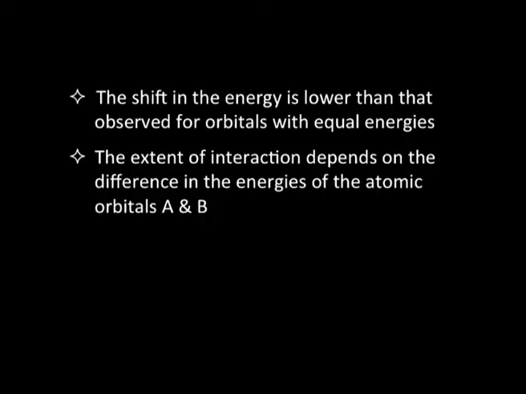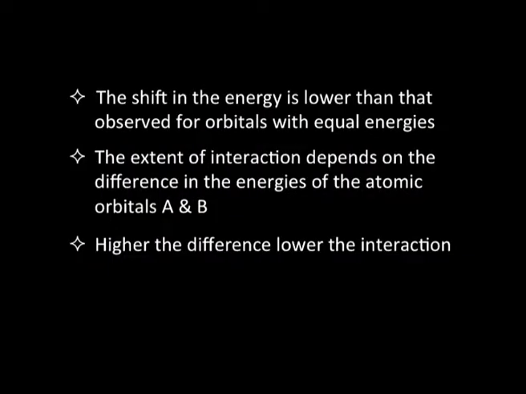Now, the extent of interaction depends on the difference in the energies of the atomic orbitals A and B. Suppose these two are of the same energy as in homonuclear diatomic molecules, the interaction is very effective. That is why the energy level goes quite low. But when there is a difference, if the difference is more, then the interaction will be weaker. The higher the difference, the lower the interaction.